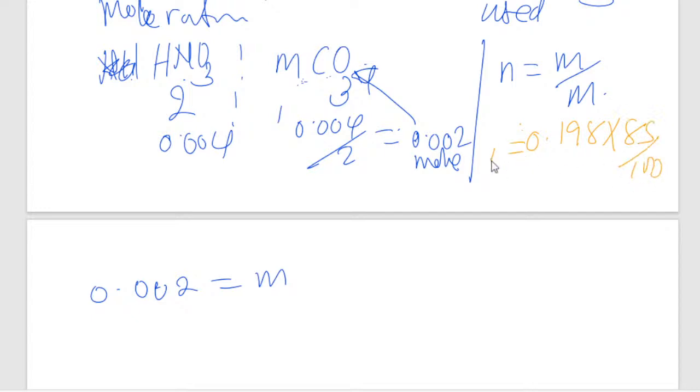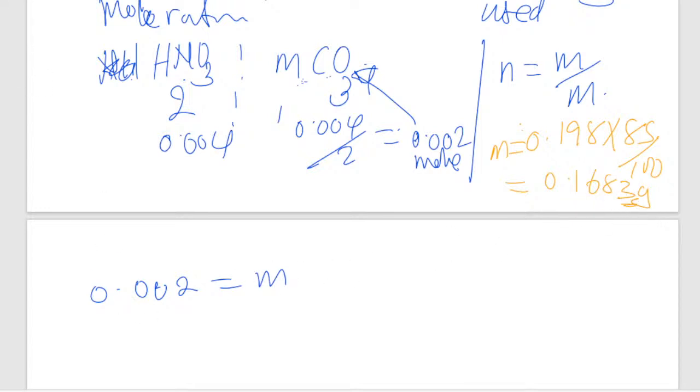So this is going to give me the mass of the pure sample. You understand? And this gives me a figure of 0.1683 grams. So this is the mass I'm supposed to use.